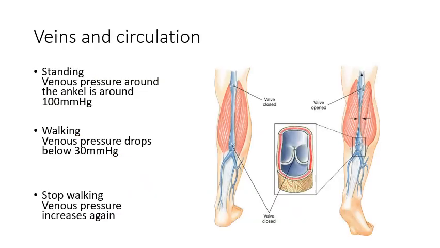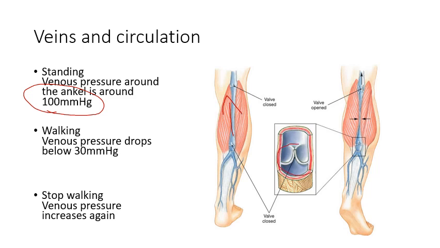As you're standing, the venous pressure might be around 100, but as you start walking, the muscles in your leg are going to squeeze on the veins, and push the blood in the direction of the heart due to these valves.